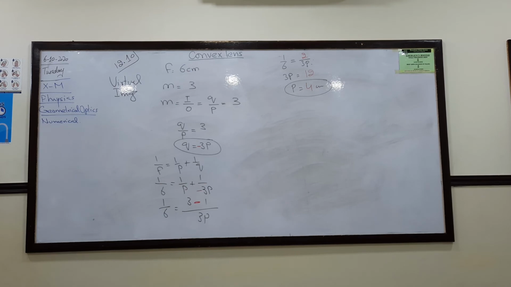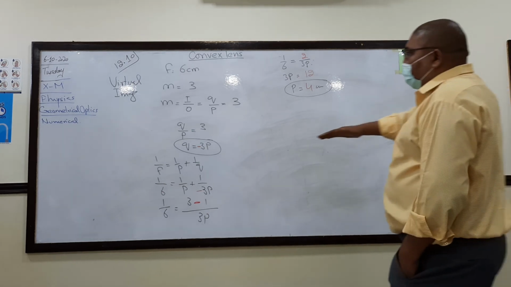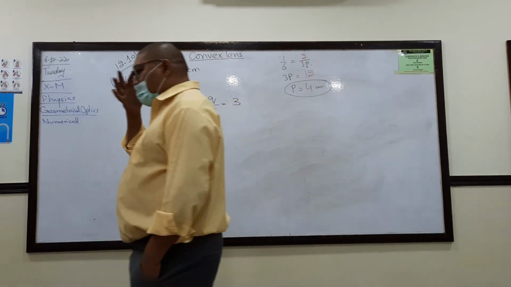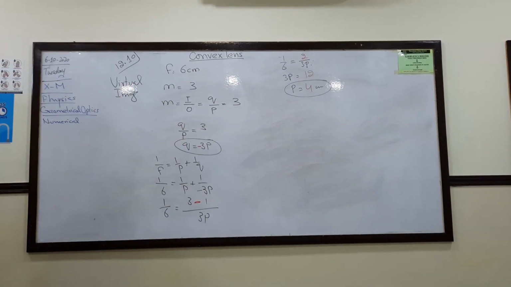Because in the question he will not tell you that this value should be negative. If he uses the words virtual image, the Q value, which from our formula came to be 3P, should be taken as negative when you do the calculation. So I hope you have understood this. The mistake which we made in doing this numerical, I hope that everybody has understood. Virtual image, the Q value should be negative.